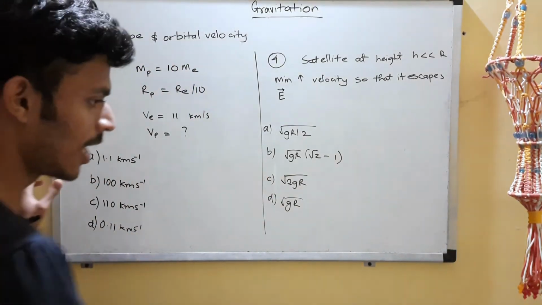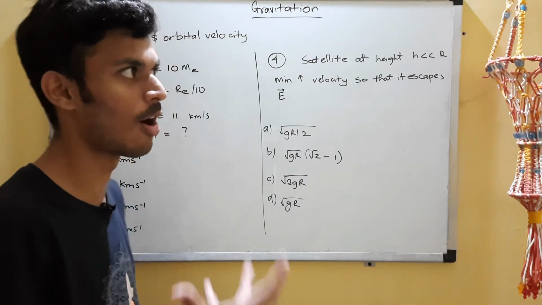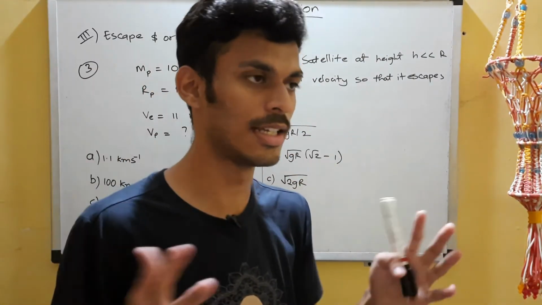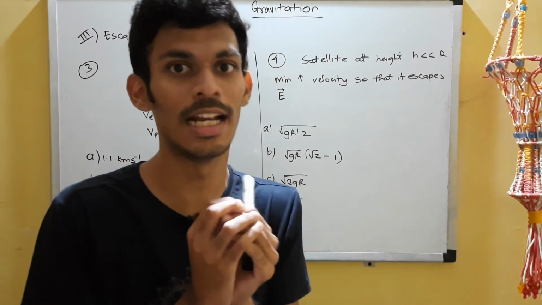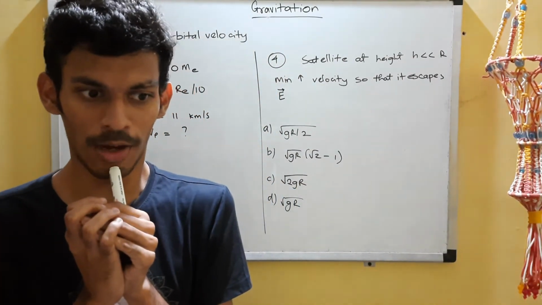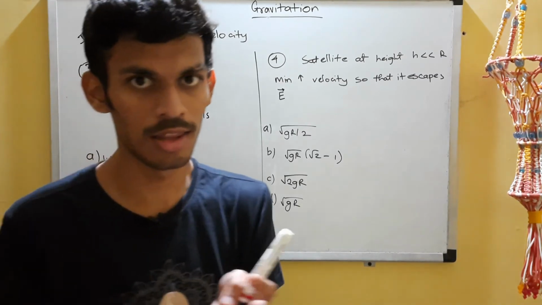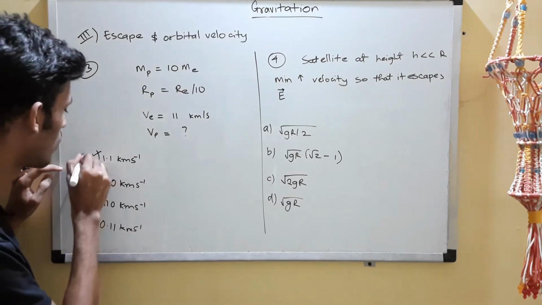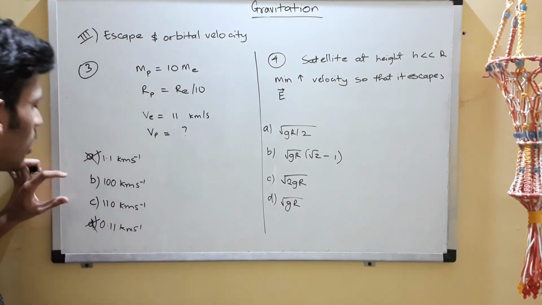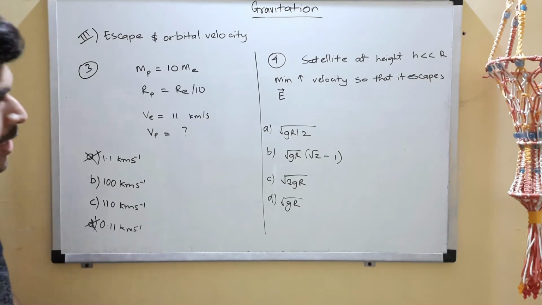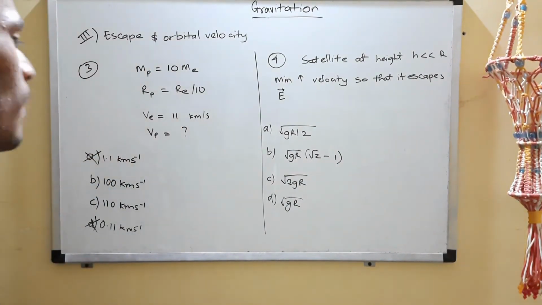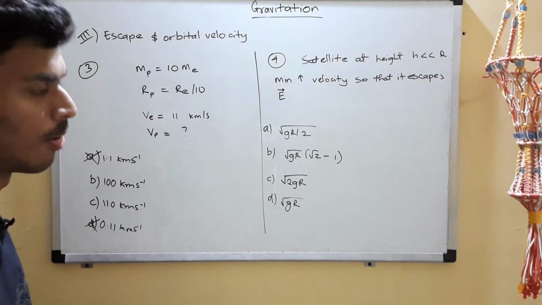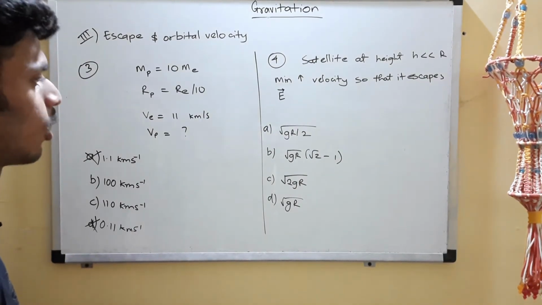So in that scenario, our escape velocity should of course be greater than 11, because the planet that we are discussing is more massive and smaller in radius with respect to our Earth. So this is not the correct choice. This is also not the correct choice. So either option B or C. This was a way of manipulating and eliminating the options that are not logical over here.